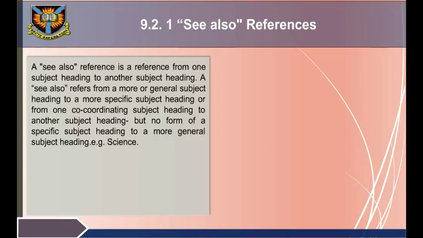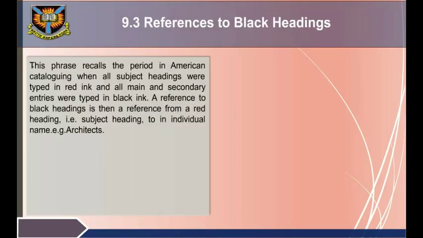A see also reference refers from a more general subject heading to a more specific subject heading, or from one coordinating subject heading to another subject heading, but not from a specific subject heading to a more general subject heading. For example, science. References to black headings.